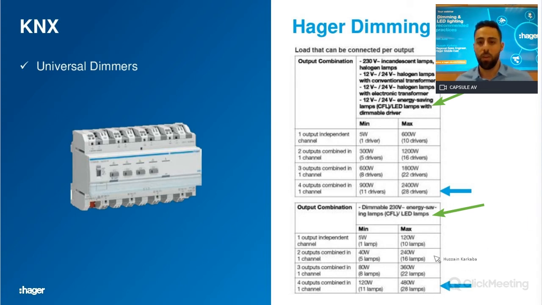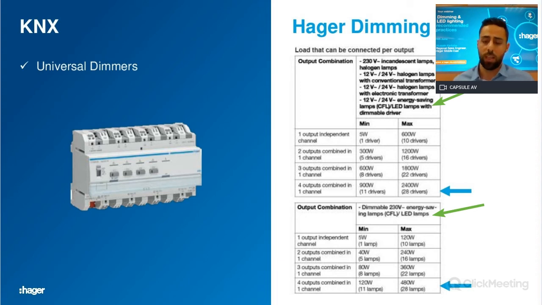The first one is for normal halogen or normal incandescent or electronic transformer, dimmable drivers. Some people call it RC mode. We can go up to 2400 watts for halogen, but for LED we need to make sure that 2400 is not compatible with LED. We need to know that.